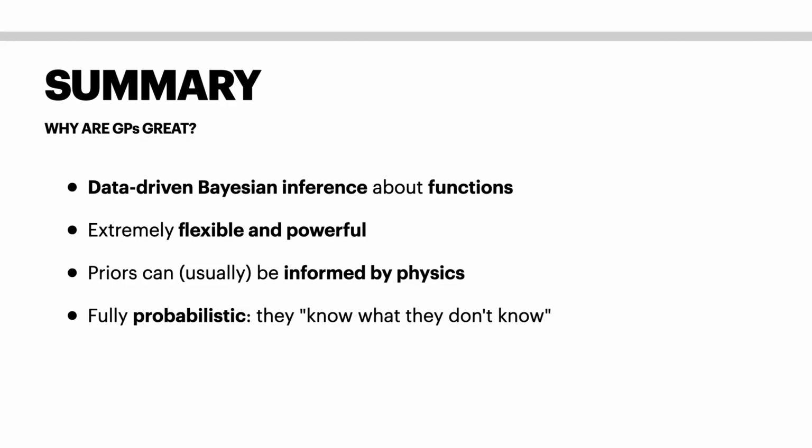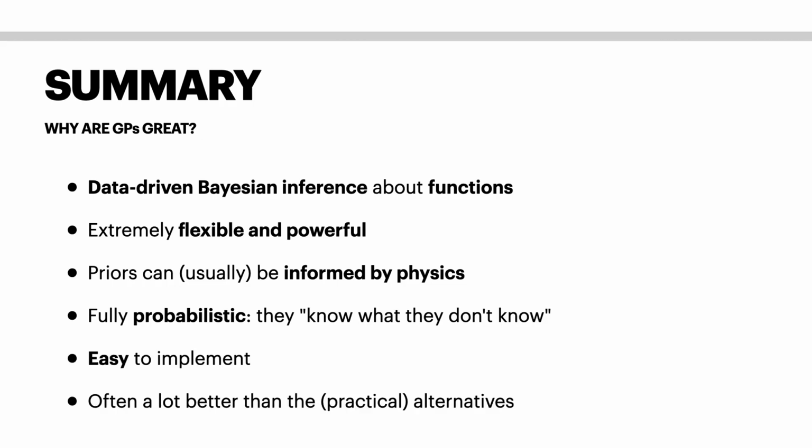They're probabilistic, which we could encapsulate by saying they know what they don't know, which is certainly not the case for many machine learning techniques, including neural networks. They're really easy to implement, and finally, they're often a lot better than the alternatives, especially when one of those alternatives is ignoring correlated nuisance signals completely or trying to account for it with hopelessly inadequate parametric models.